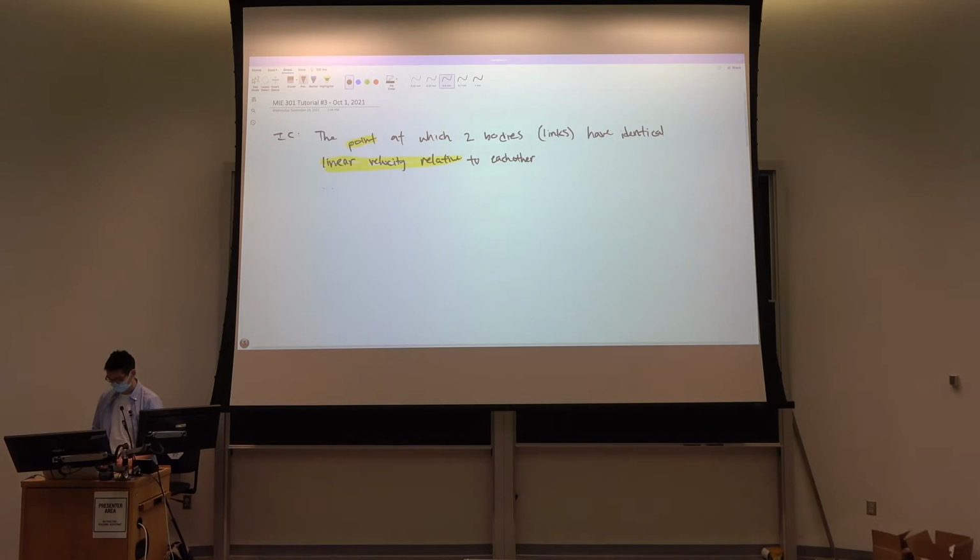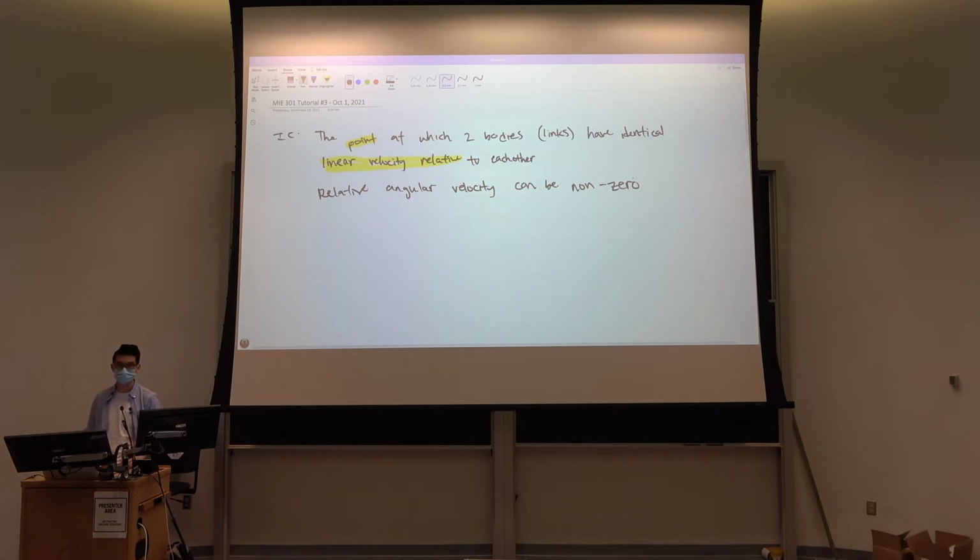The relative angular velocity can be non-zero. Okay, so that's the definition of an instant center.